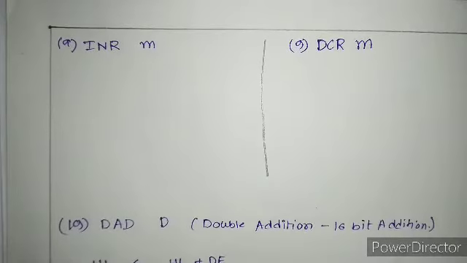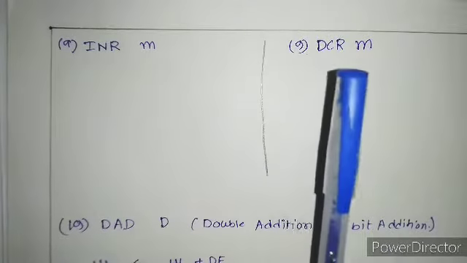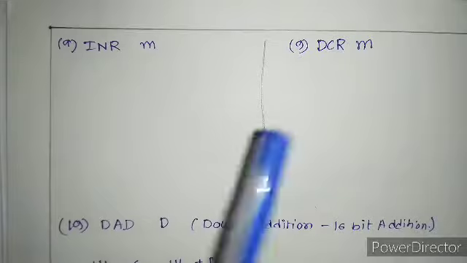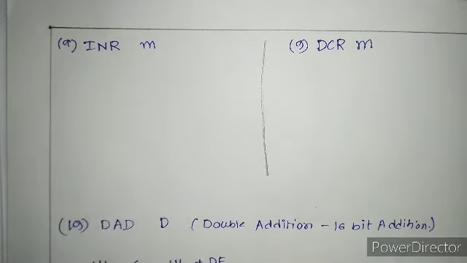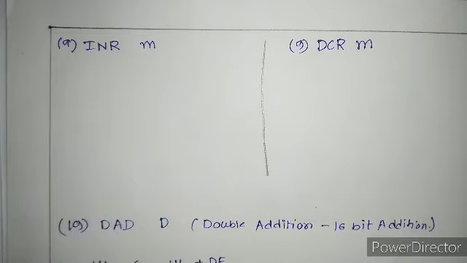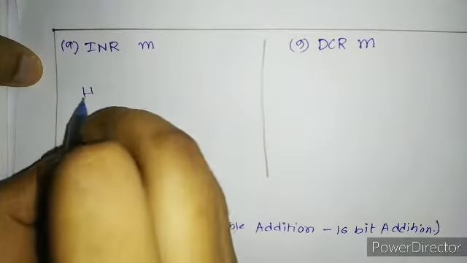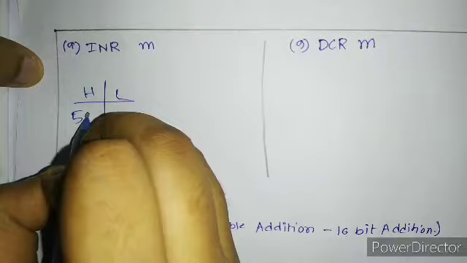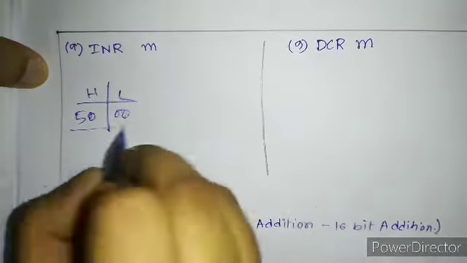Next instruction is INR memory and DCR memory location. What is this? Now don't get stressed. M, what is M? M holds the data pointed to by the location in the HL pair. So in the HL pair there is some value, say 5000, as it's a 16-bit number.